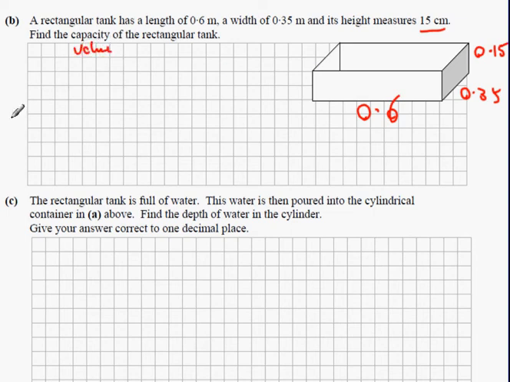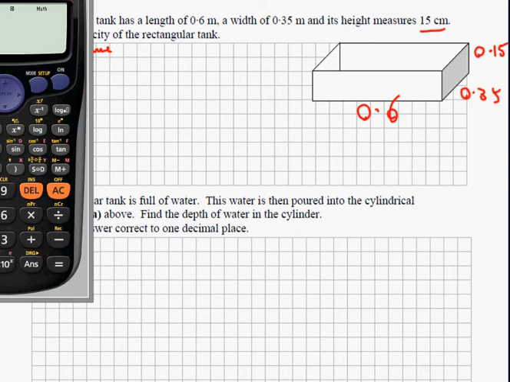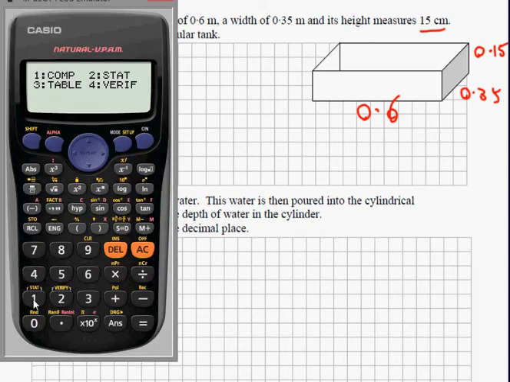So it's your 0.6, multiply by your 0.15, multiply by your 0.35, and what do we get? We get 0.0315 metres cubed.